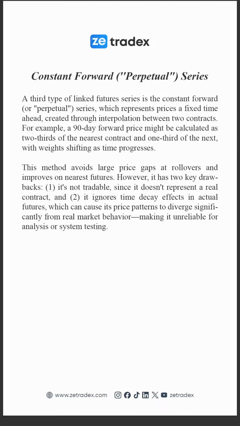However, it has two key drawbacks: it is not tradable since it doesn't represent a real contract, and it ignores time decay effects in actual futures, which can cause its price patterns to diverge significantly from real market behavior, making it unreliable for analysis or backtesting. Next page, please.